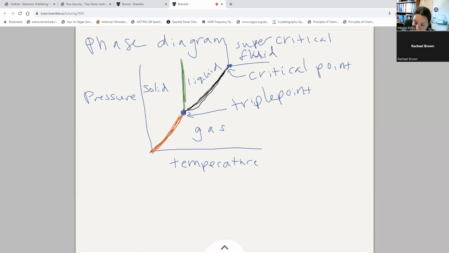Additionally, another thing that we will see when we are at 1 atmosphere, so kind of the last thing on here, if we are at 1 atmosphere, we can see where our normal melting point is and our normal boiling point.